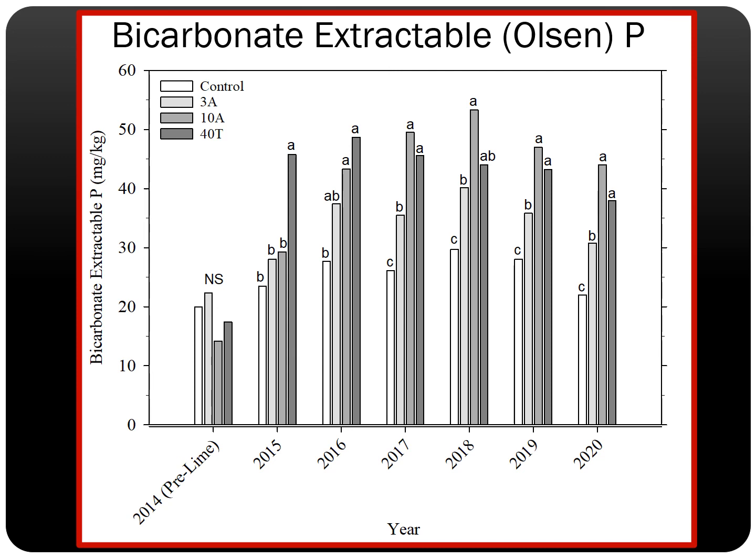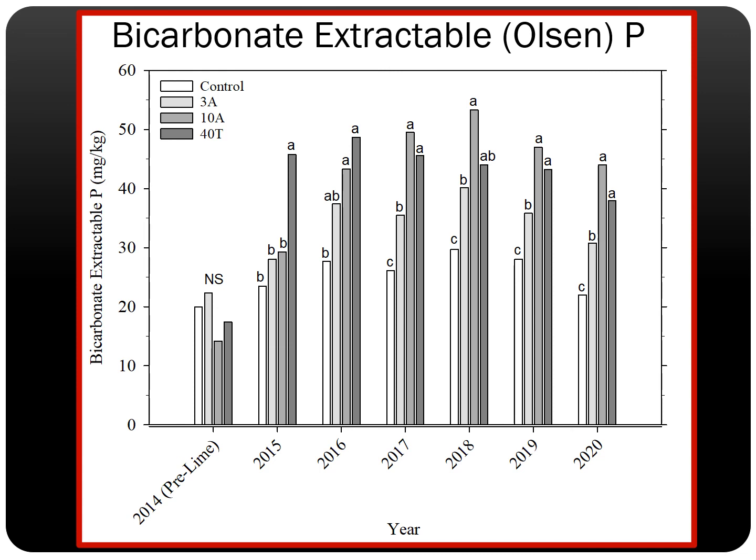In 2016, you can see that the 3-ton and the 10-ton per acre treatment are starting to get elevated and higher than the control, and start approaching the amount of extractable phosphorus as the 40-ton rate as well.